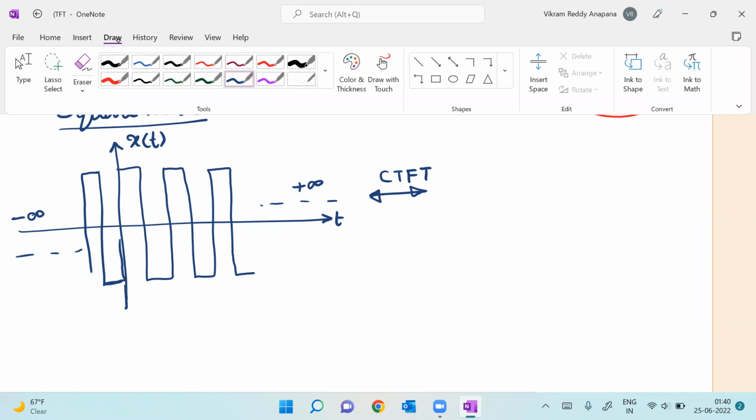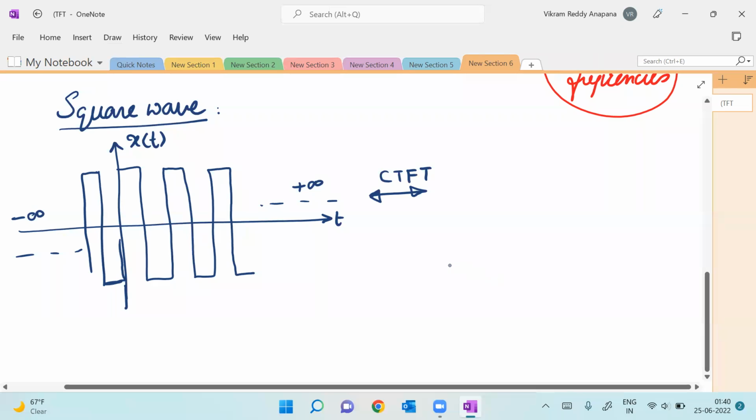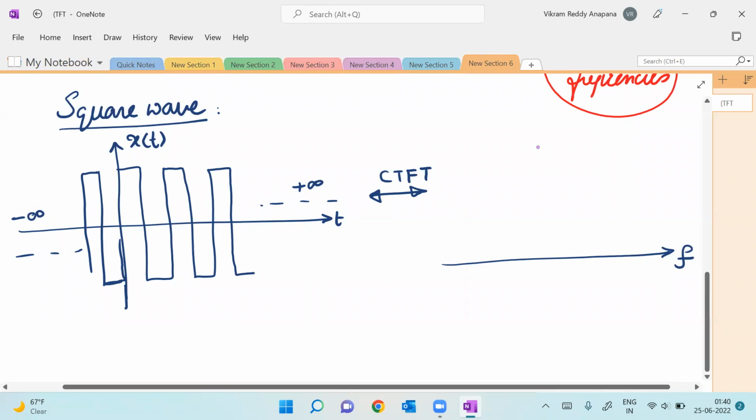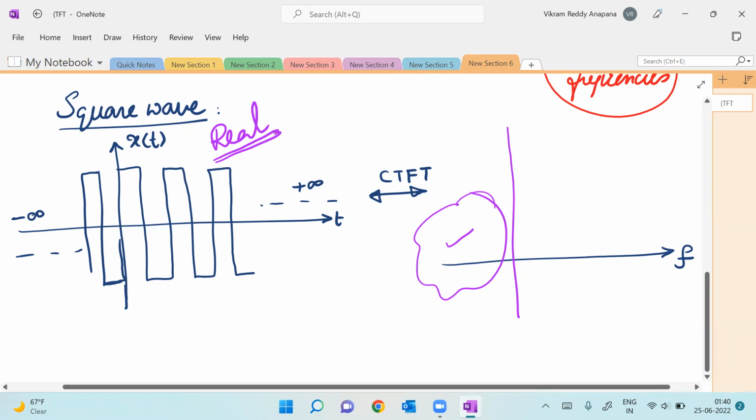So with that motivation, what can we expect in the frequency domain? This is straightforward. I'm not showing the negative side of the spectrum; let me take for now the positive side. Of course, the negative side of the spectrum you also have. Whenever you have a real signal in the time domain, you will definitely see negative frequency components in the frequency domain.